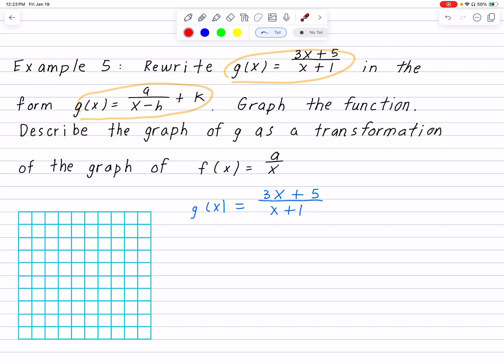But currently, I can't. Currently, there's no common factor on top and bottom. But I want you to notice something. I'm going to make a change here, but this is not part of the problem. I'm kind of thinking this through in my head here. The stuff on the right is not really part of the problem.